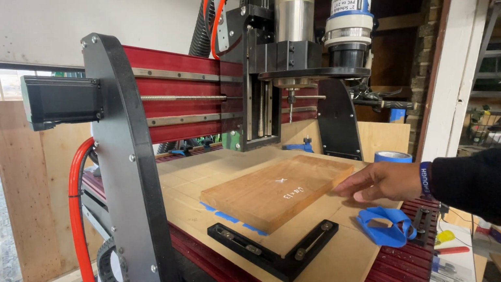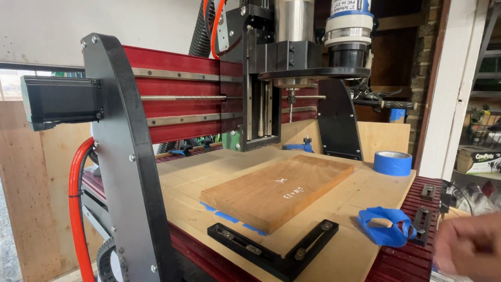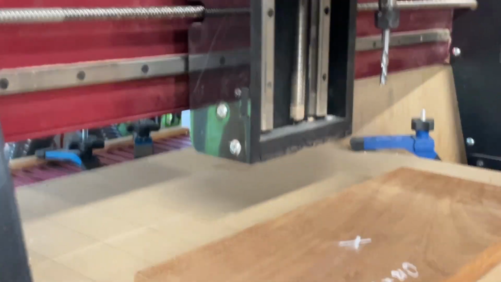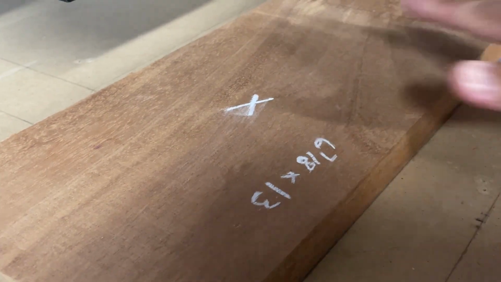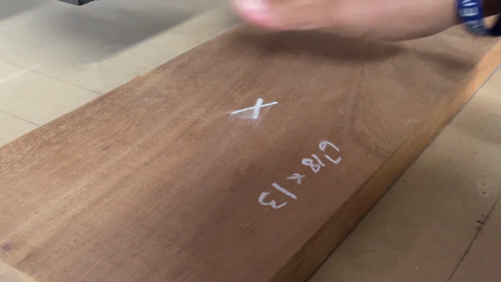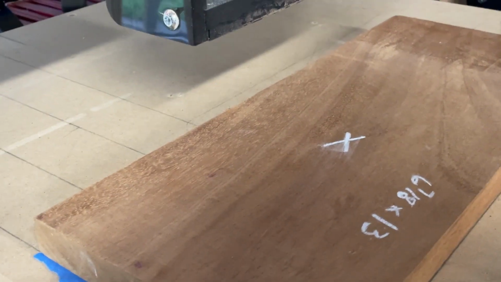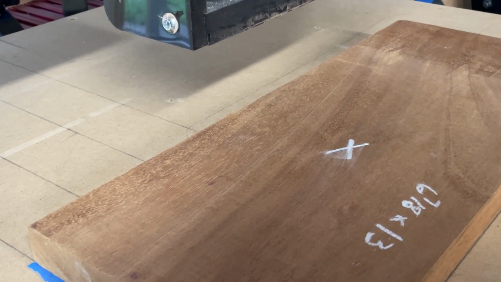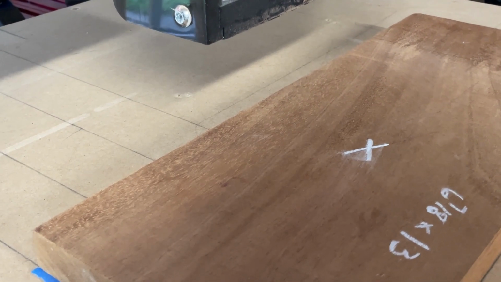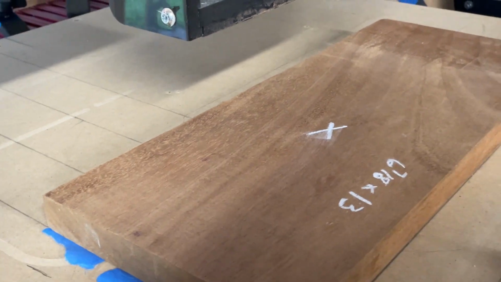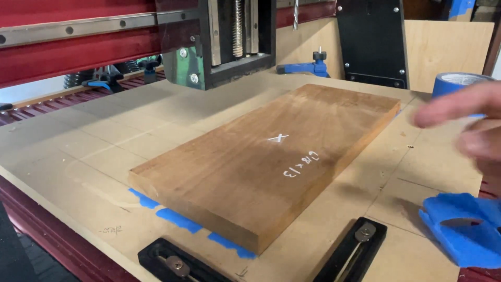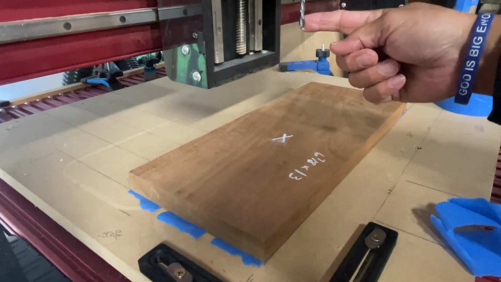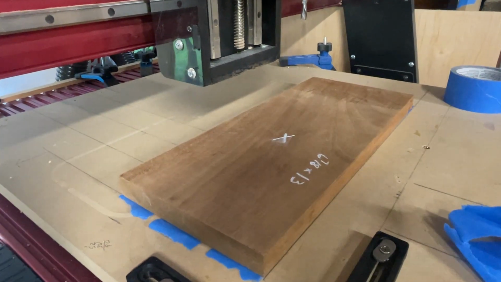You can already see that I've marked the center of my material with the X, and I try to do it in chalk on this darker color wood. It's just easier to see. And now I'm going to go ahead and center X and Y as we've done before. Basically all that means is that we want to get our bit centered right in the middle of that.